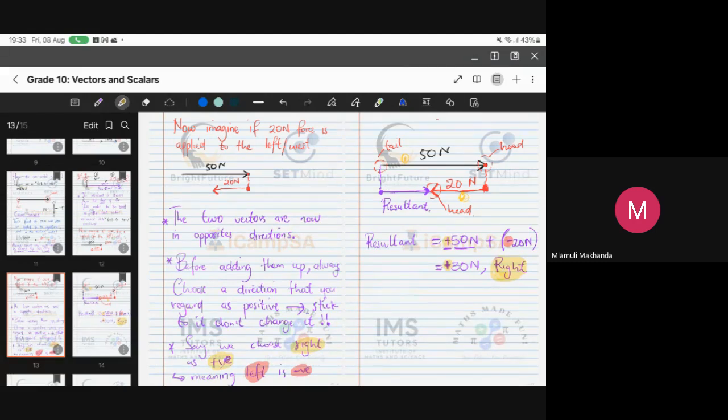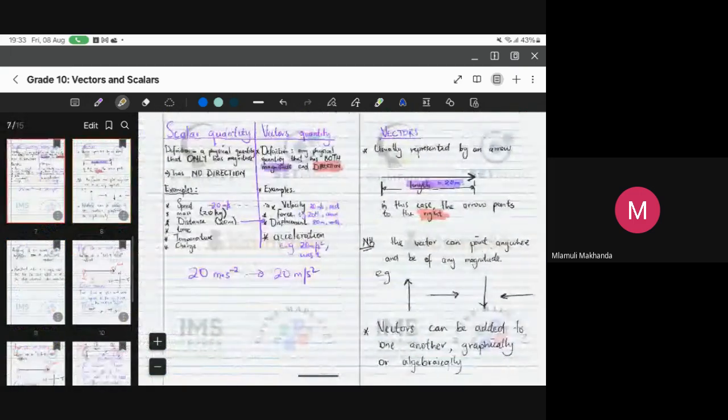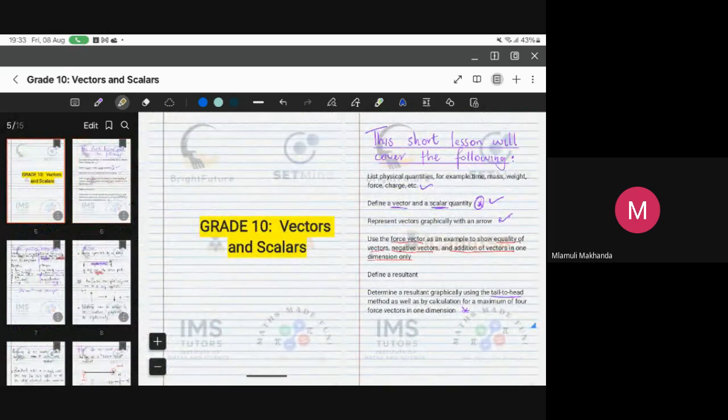Right. There's quite a number of examples, but for the sake of today's lesson, I think we should leave it here so that I do not by any means overwhelm you. But we've covered quite a lot. We've defined a resultant. We've shown how to deal with negative vectors and how to add vectors. And then we've also shown how to determine the resultant vector graphically using the tail to head method. Right.